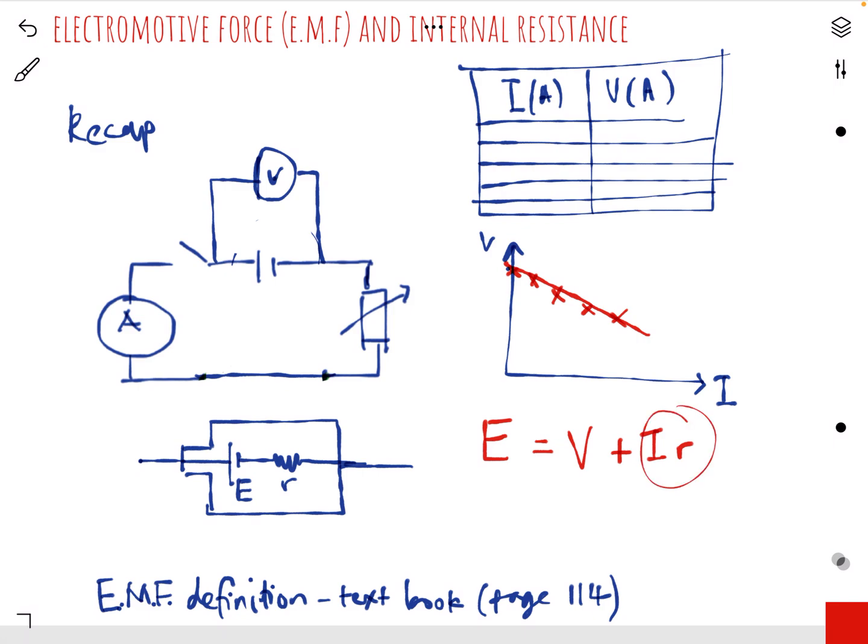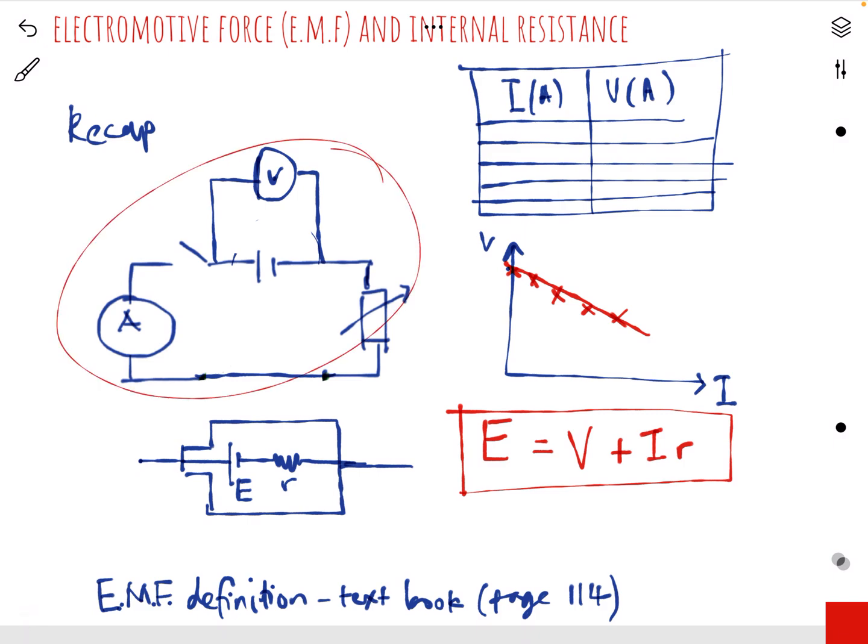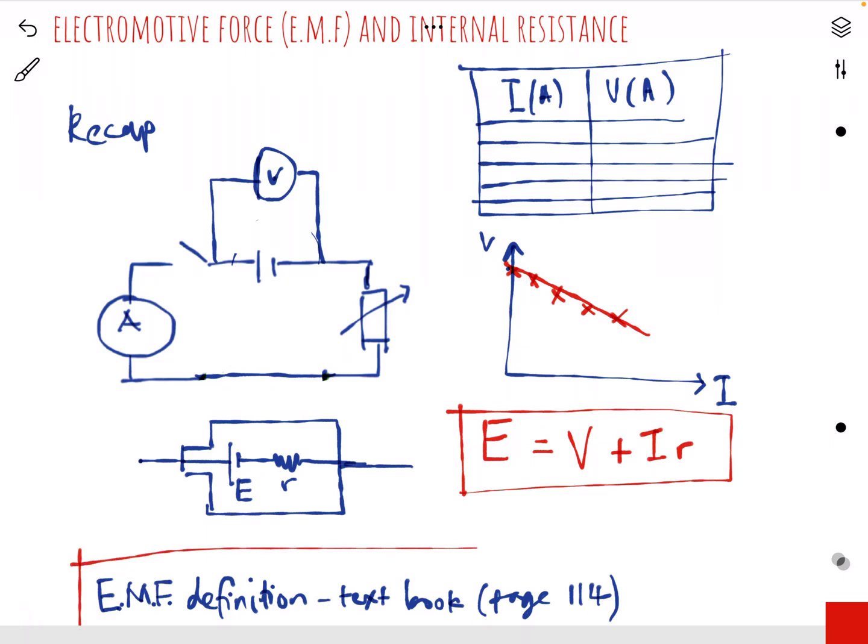This one comes from V equals IR, but in this case we use small r because it is internal resistance. So this is the equation that we can get from this circuit, and we are going to use this equation to find out what is internal resistance. But in the meantime, you can open the textbook page 114 to find the definition for EMF.